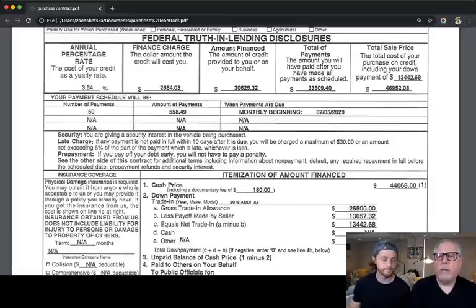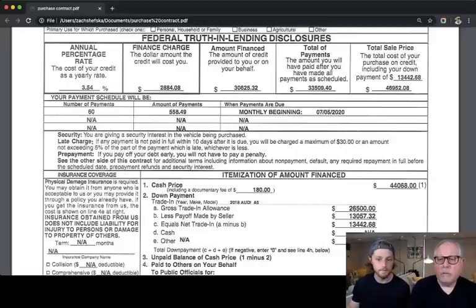So what he's really paying, the total sale of the car, is $46,952.08. And his trade-in is positively affecting that to reduce essentially the basis for what the loan needs to be.